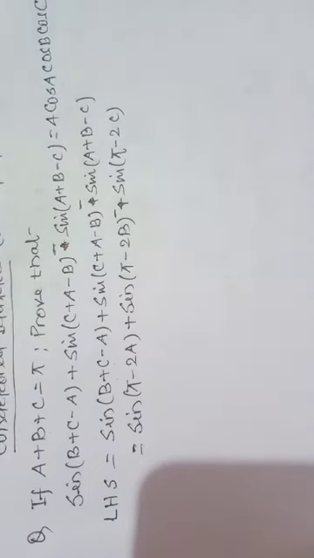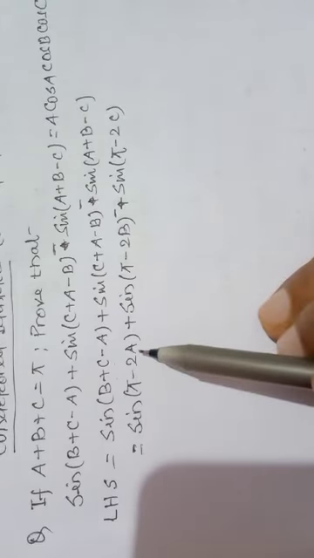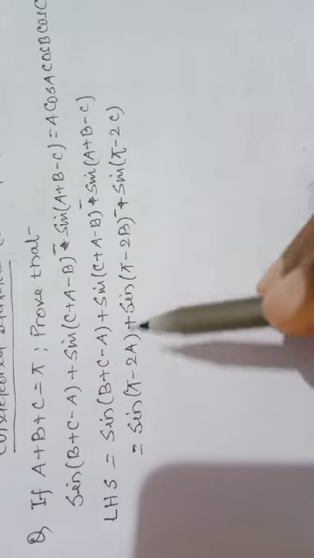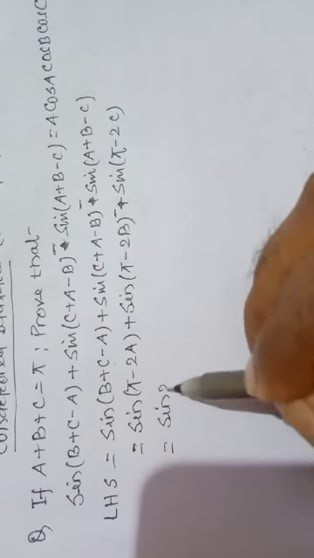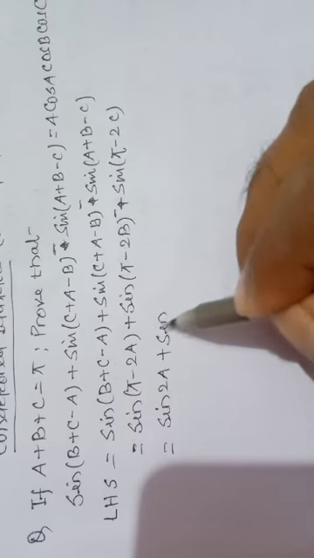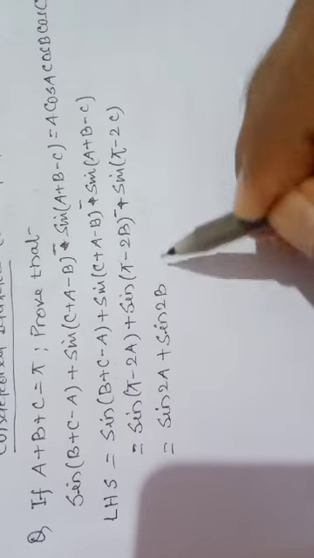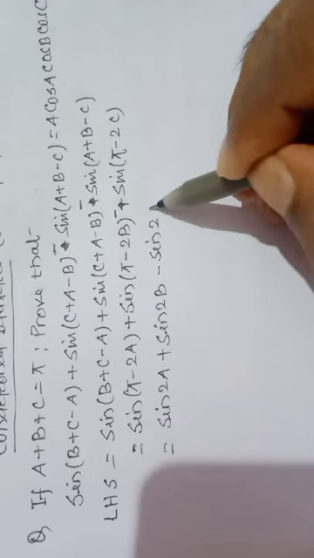Minus sin(pi minus 2C). Now, sin(pi minus theta), you already know it is sin theta. So it should be sin 2A plus sin 2B minus sin 2C.